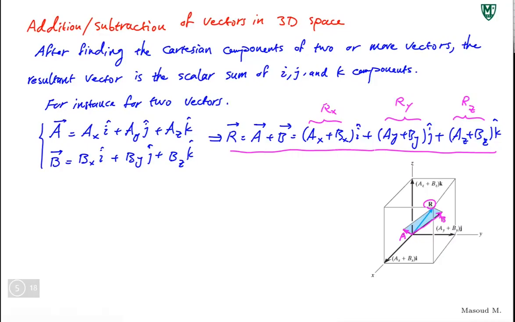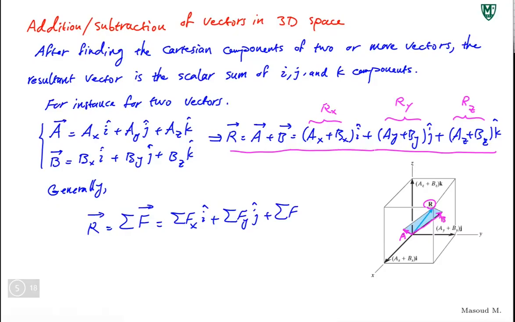All right. So if you have multiple vectors, you can just write it generally. If you have multiple vectors, in this case, like we are talking about forces, this is a summation of forces. And you can expand this, saying summation of forces in x in i direction plus summation of forces in y in j direction plus summation of forces in z.